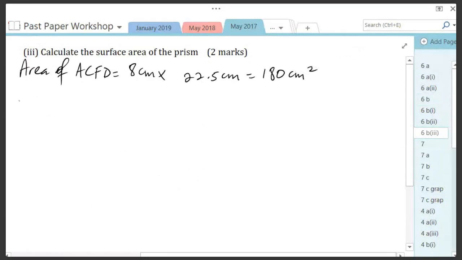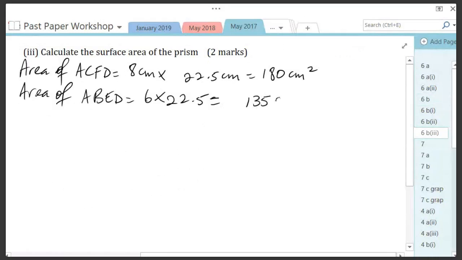Area of ABED is equal to 6 multiplied by 22.5, and this will give you 135 centimeters squared.